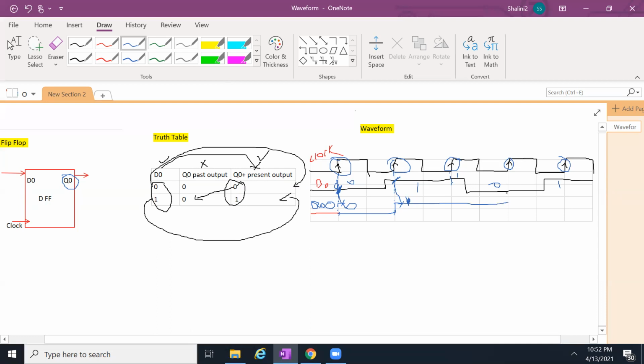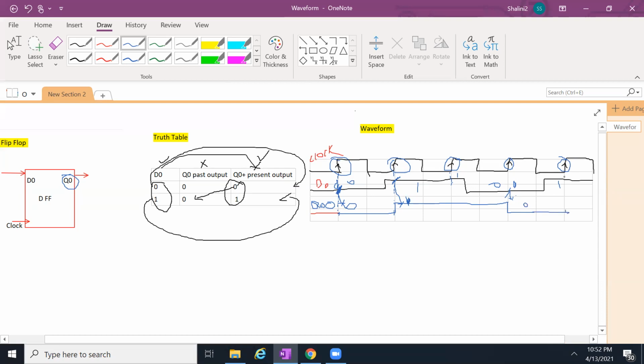Then here, what is the D0 value? It's 0, so 0 will come to the Q0 output. In this clock cycle we'll see the 0 value, and this will continue till the next clock cycle.